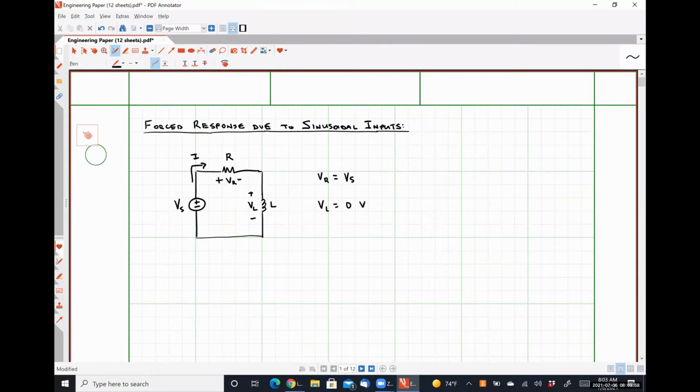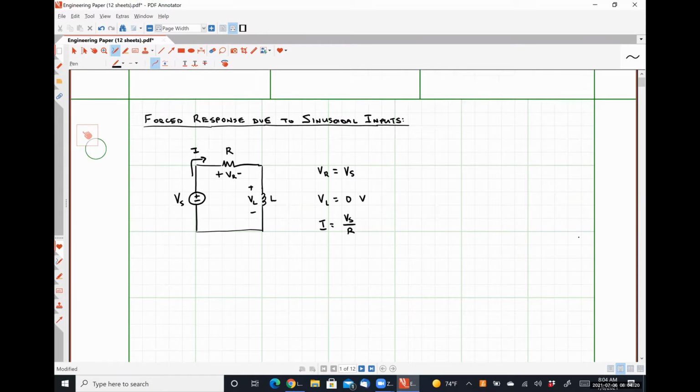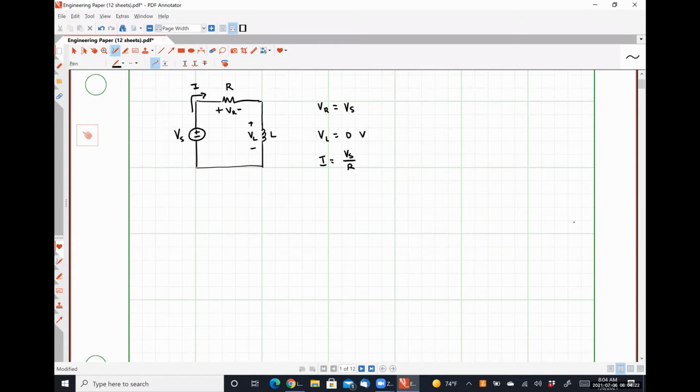And finally, we would know that I would have to be Vs over R. Again, all three possible responses are DC quantities due to the fact that we are exciting this with a DC forcing function. So we're going to take this exact same simple circuit and analyze it in the time domain with sinusoids and break things.